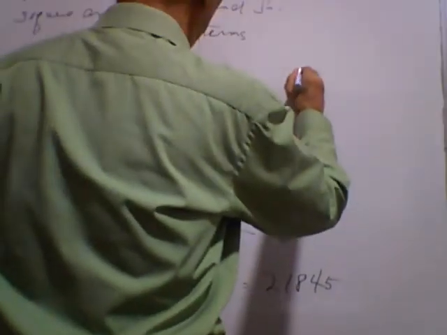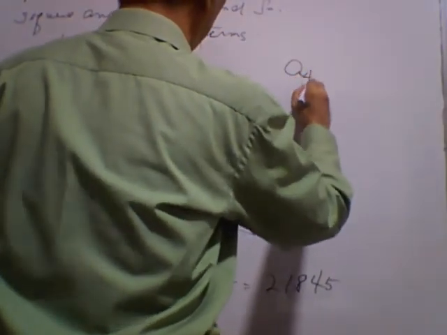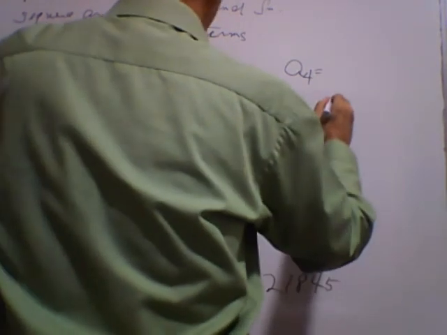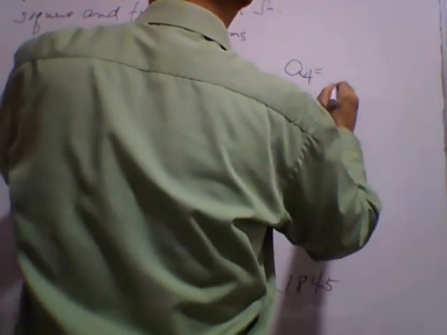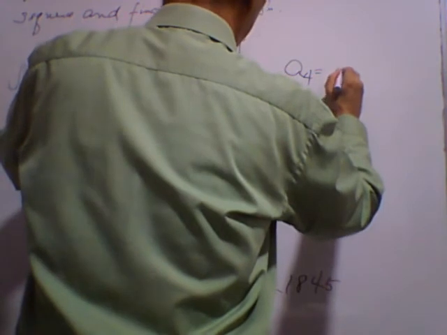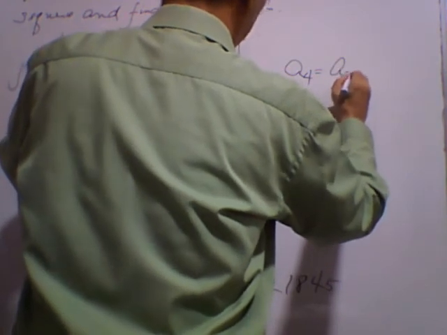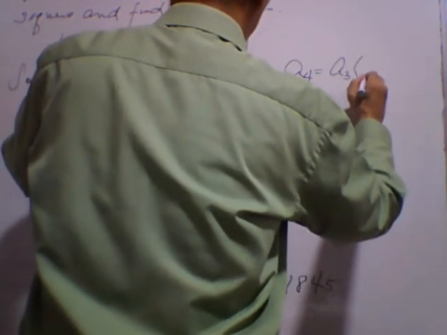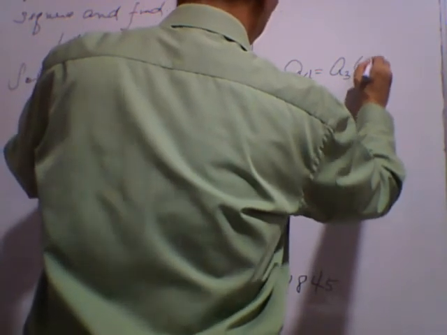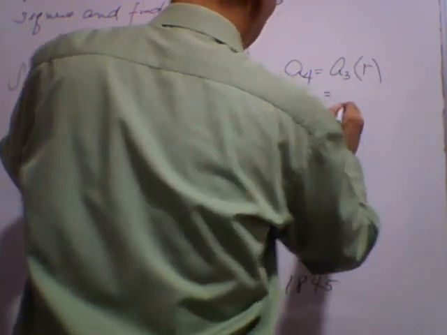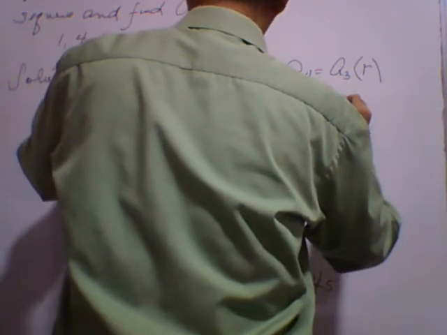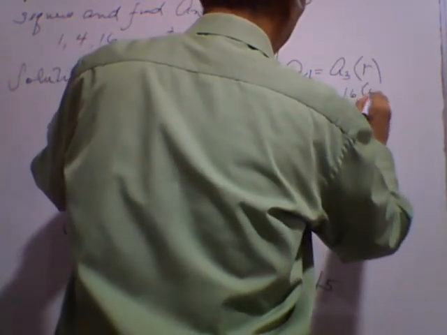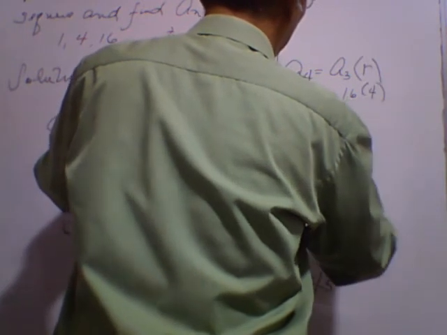A sub 4 is equal to A sub 3, which is 16, times R, which is 4. So that is 16 times 4. So that will be equal to 64.